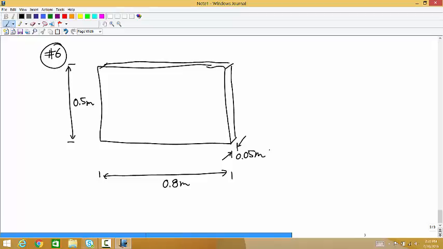Yes, sir. And then there are distributed loads acting on all these faces. And it's just those two faces, correct? Yep. I did the same thing, I drew this out.